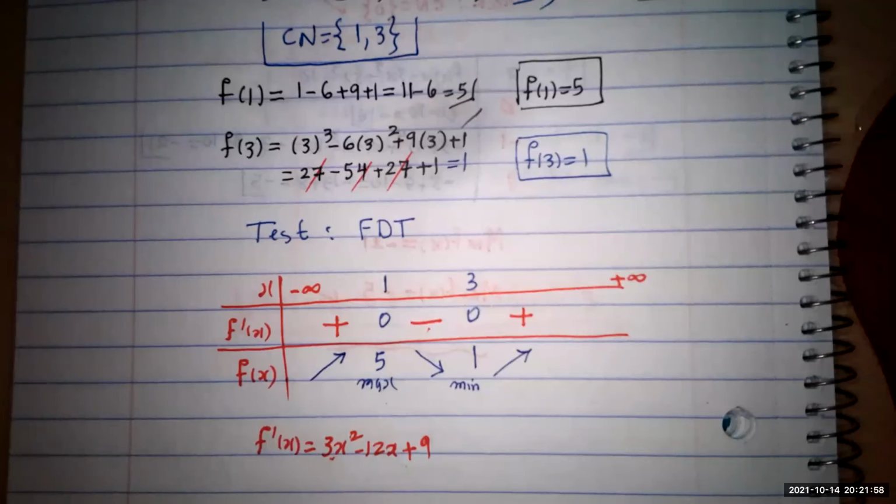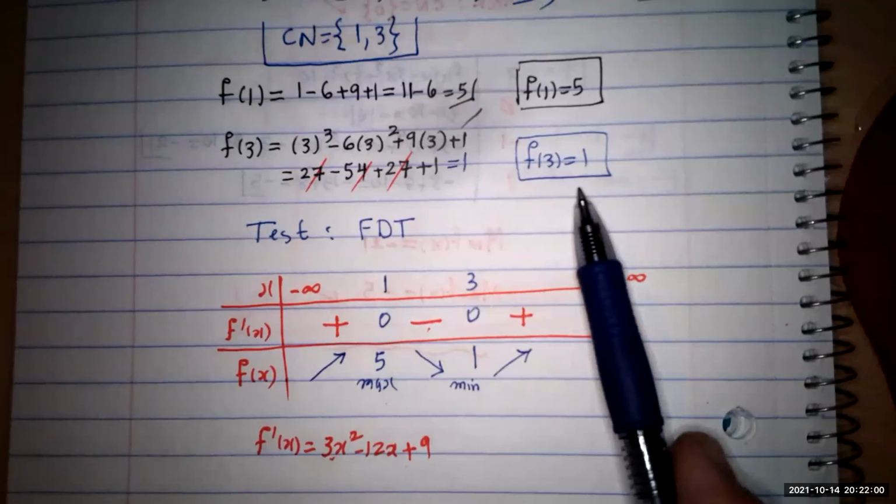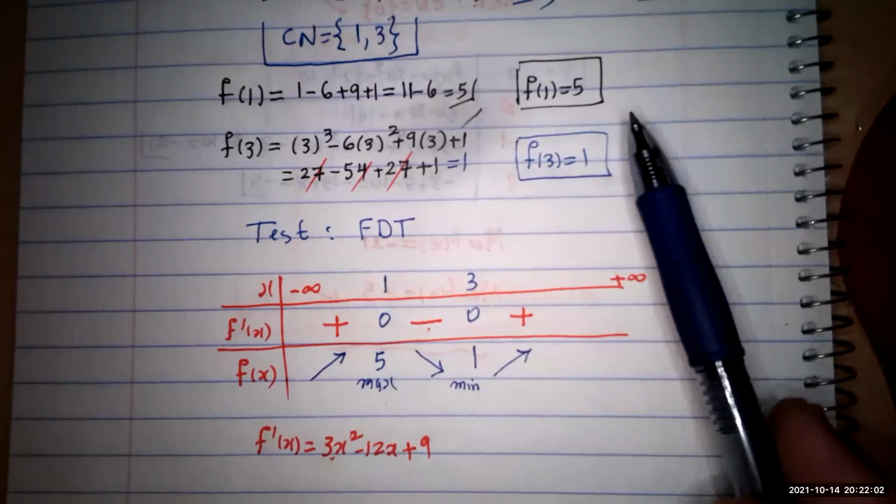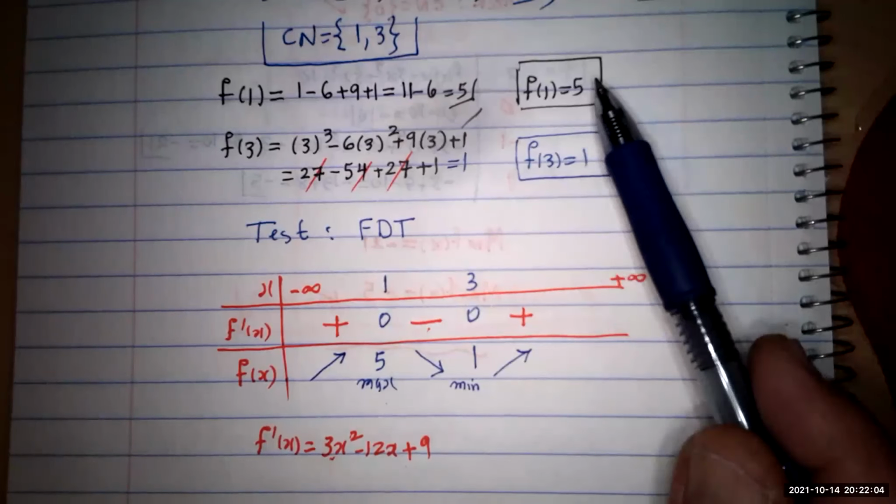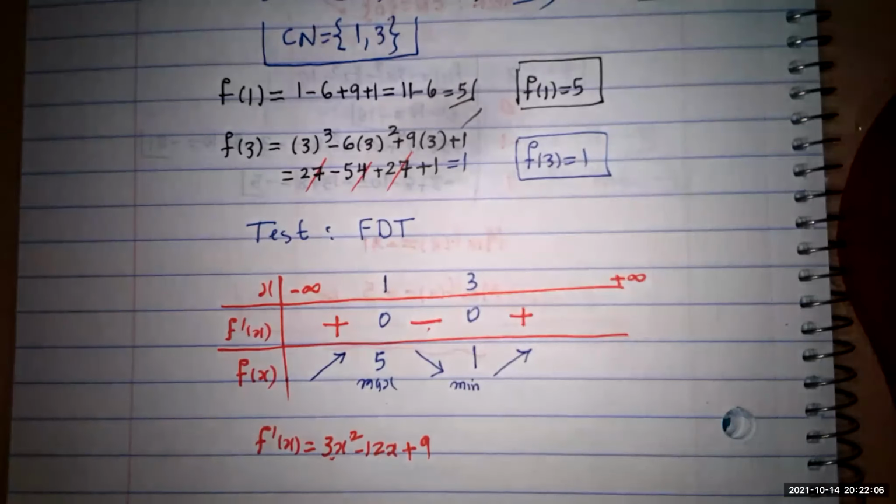And some people say, oh, this is it. f of 3 is 1. I compare 1 and 5. So this is a minimum, that's a maximum. No, it's not the case all the time. Sometimes you may find a function. I think we have one. Maybe I can explain that one later.